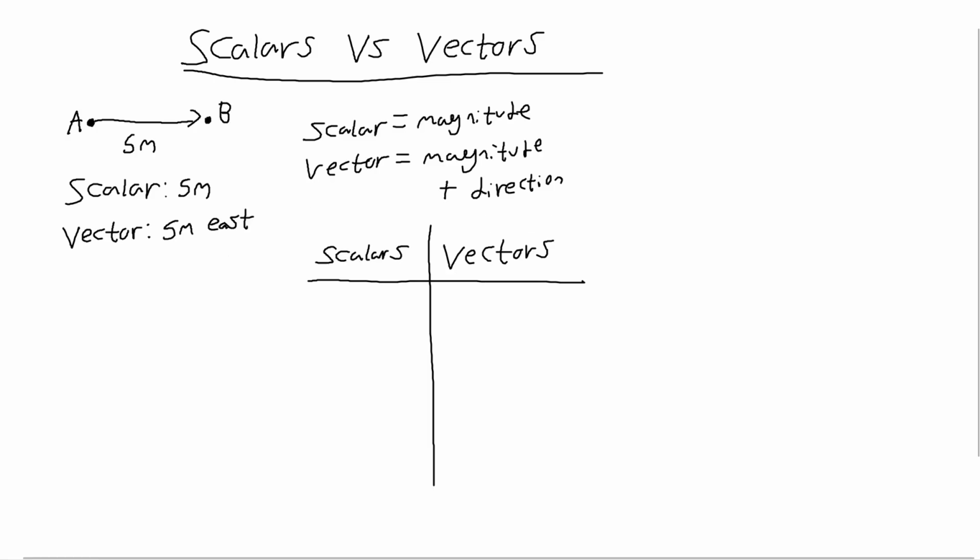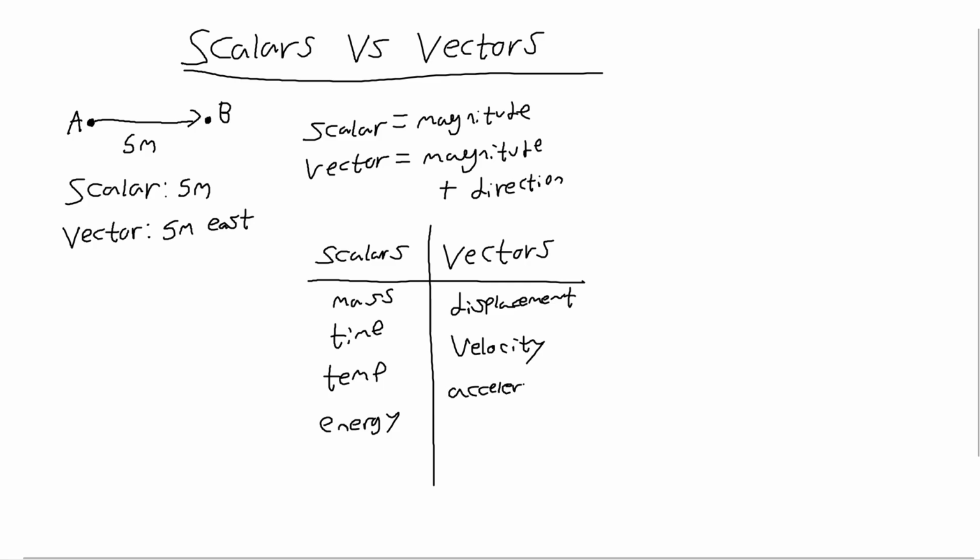Some examples of scalars would be mass, time, temperature, and energy. Some examples of vectors could be displacement, velocity, acceleration, and force.